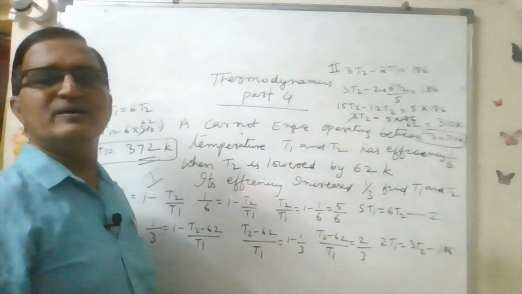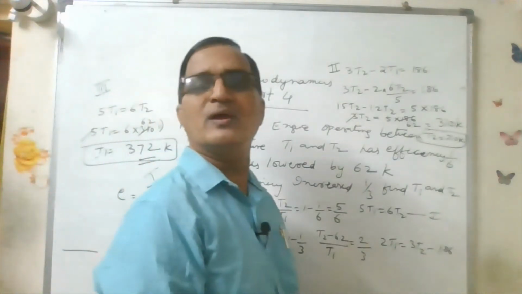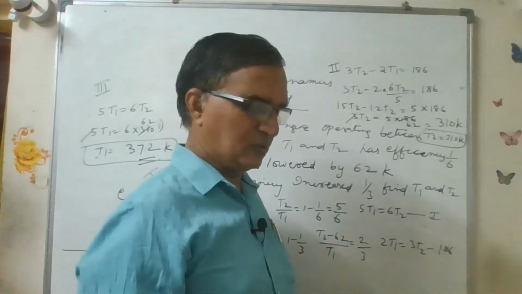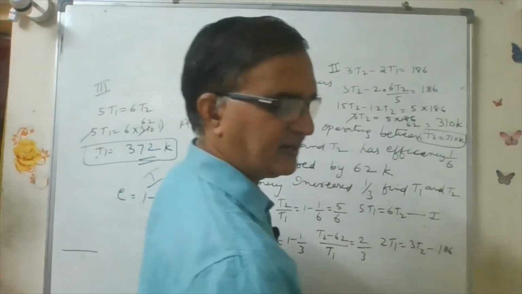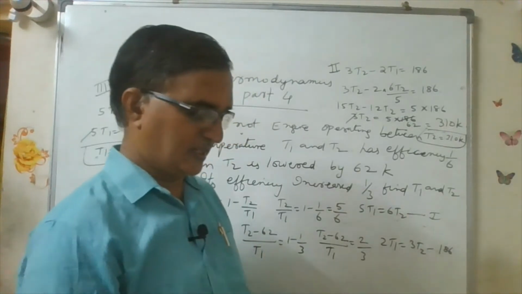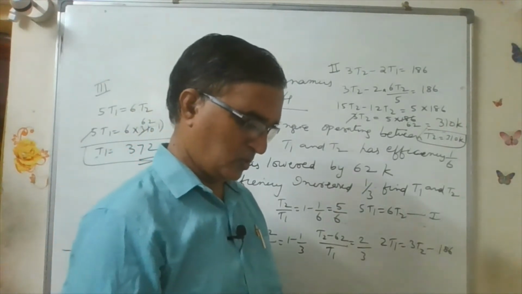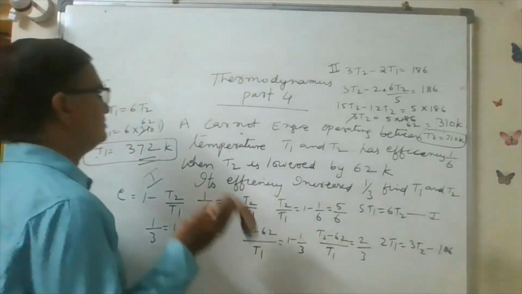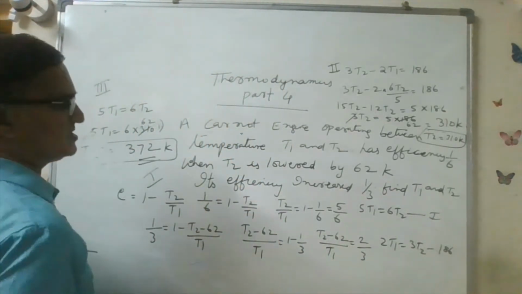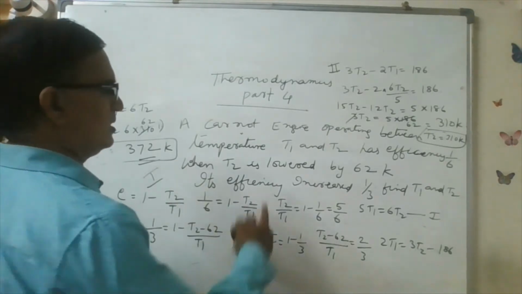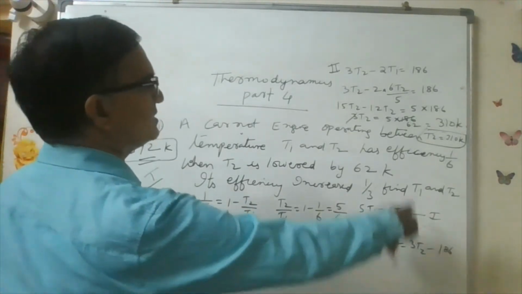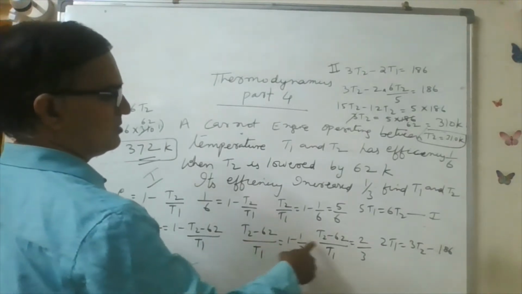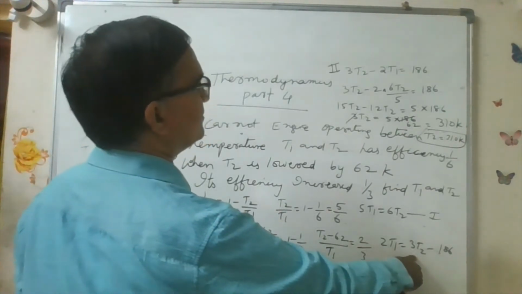Efficiency is given. When efficiency is reduced to 1 by 3 and the temperature is lowered, you need to find the T1 and T2 values. Okay, this is the problem. First take the T1 T2 relation. Second case, when it is reduced by 62 degrees, you got 2T1 is equal to 3T2.